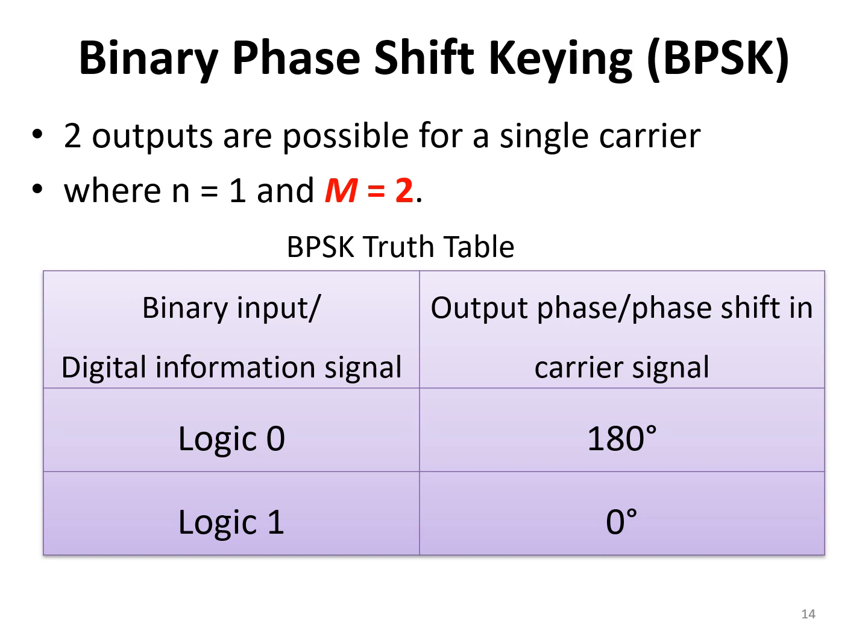When the information signal has logic 0, the carrier signal will start to oscillate at the angle of 180 degrees. For logic 1, the carrier signal will oscillate at 0 degrees.